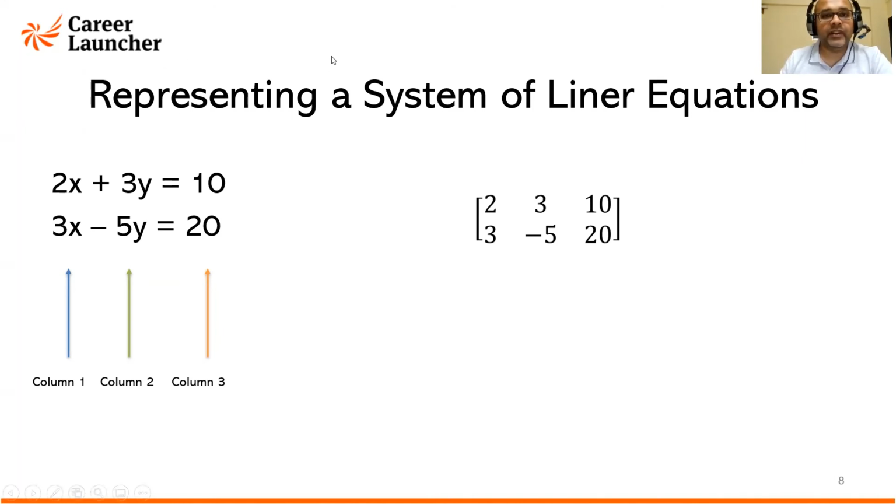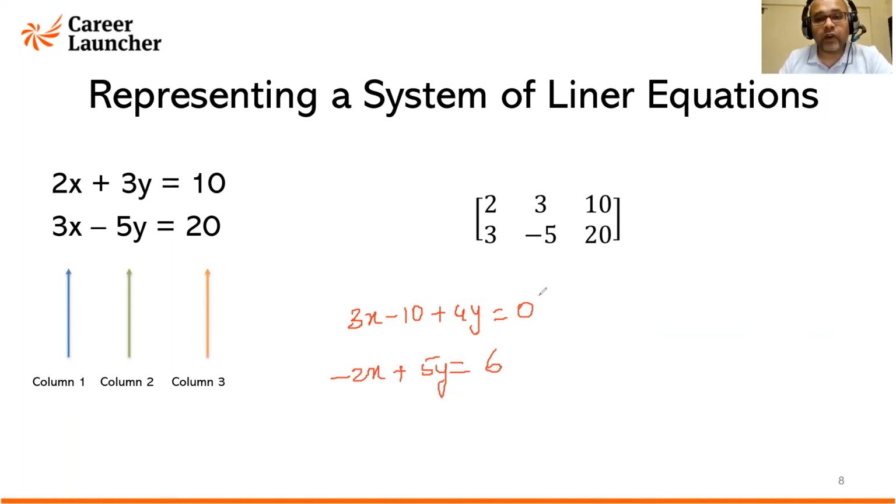Let's take another example very quickly. If I have 3x minus 10 plus 4y equal to 0 and minus 2x plus 5y equal to 6, now if I want to construct a matrix, the first thing you have to verify is whether they are in the format that I want.